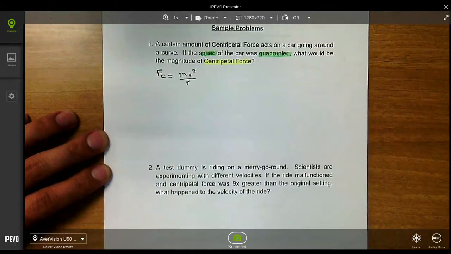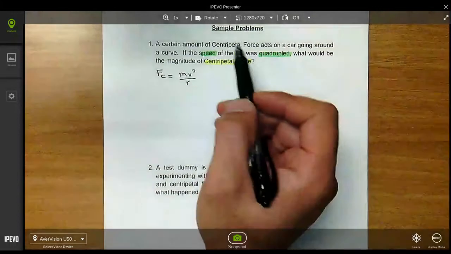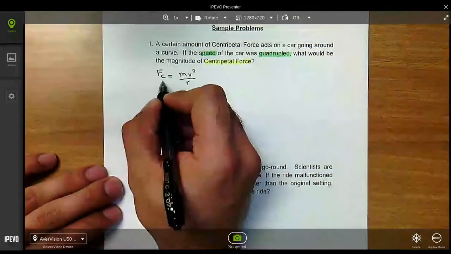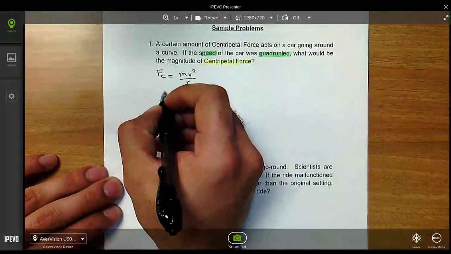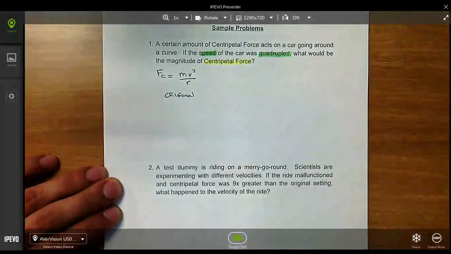So the trick to this is to set everything equal to 1 for the original value or the original scenario. So this is a certain amount of centripetal force. We don't know what that certain amount is, but we can select that certain amount to be 1. I'm going to write original here. So this is our original scenario.